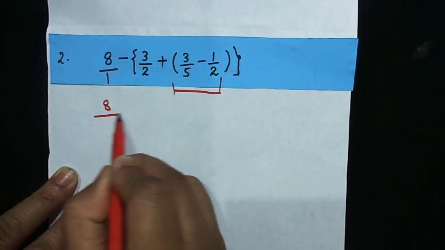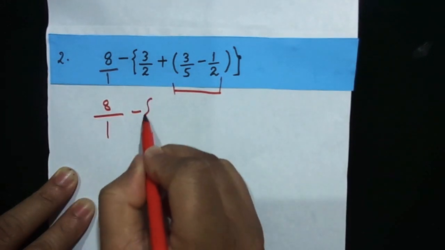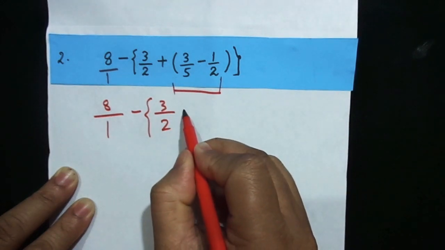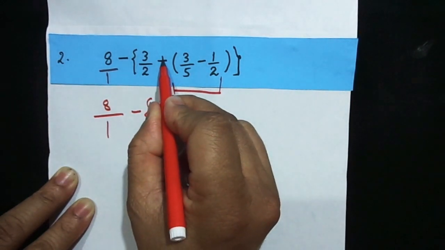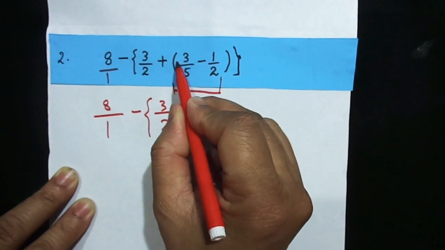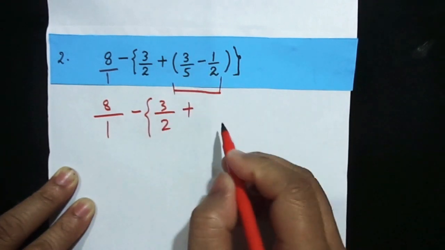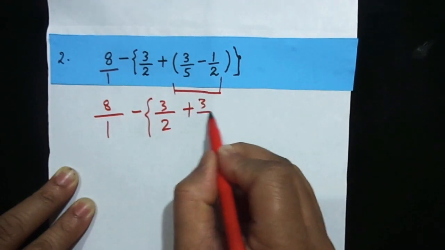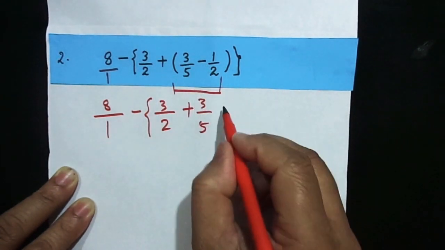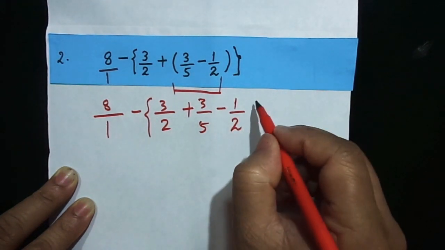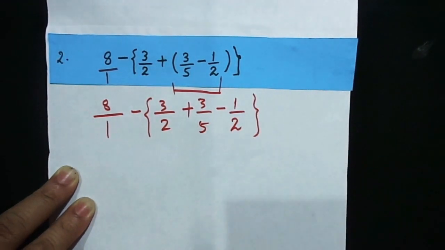So 8 by 1 minus 3 by 2 plus, let us multiply plus with the signs which is given in the bracket. So plus into this, plus 3 by 5 is equal to plus 3 by 5, plus into minus is equal to minus 1 by 2, isn't it? I have removed this small bracket.